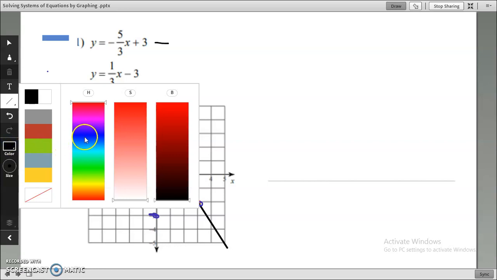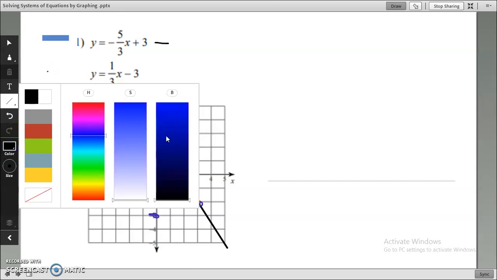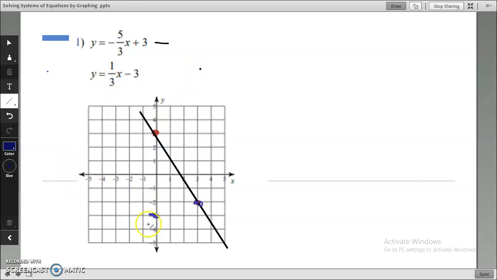I want the color to be blue. There we go. And so it looks like my intersection point is right here at 3, -2.